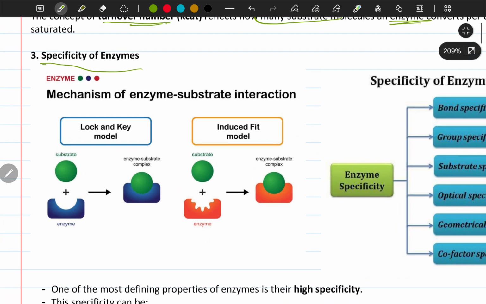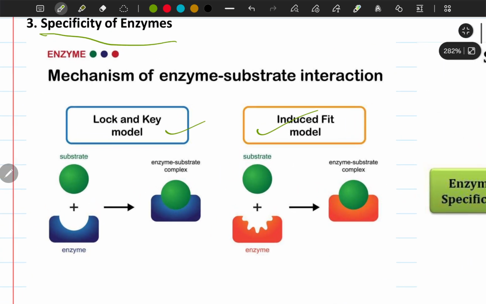Let us see. There are two types of mechanism of substrate interaction. One is the lock and key model, another is the induced fit model. What happens in the lock and key model? The enzyme and substrate correspond to each other in shape. They are complementary to each other, so they fit tightly and easily.